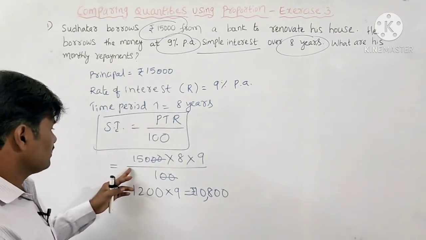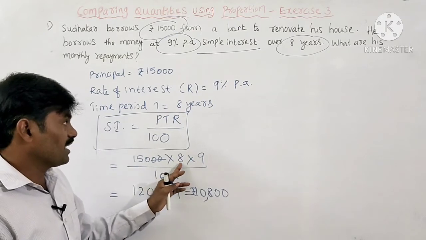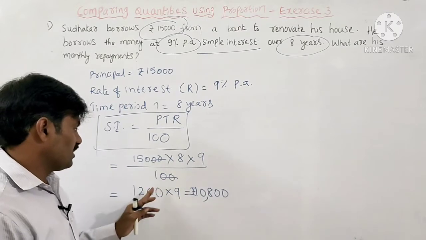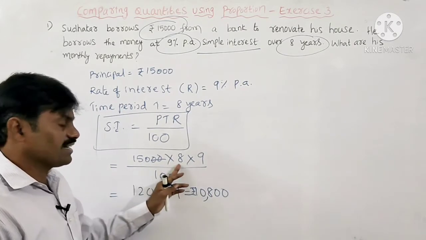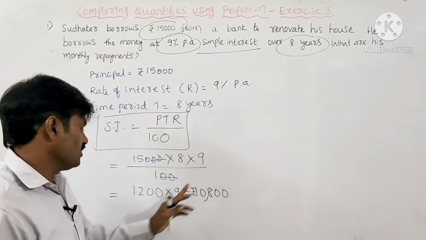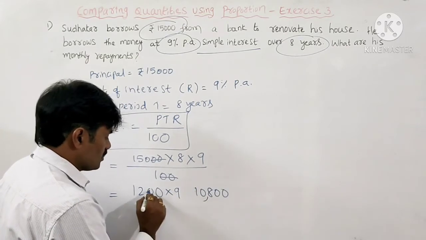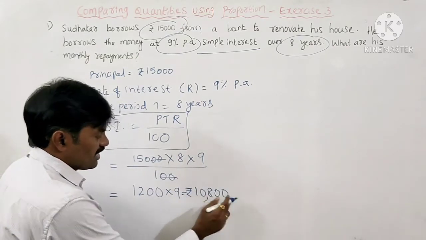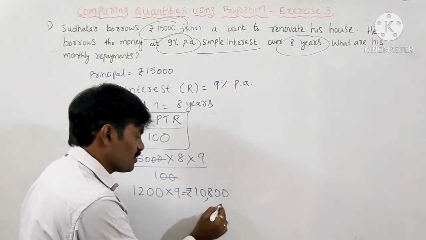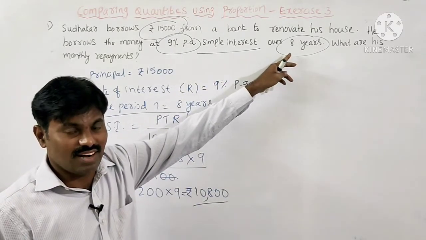How much is the interest here? PTR by 100, 15,000 into time period 8 years into 9 by 100. If you simplify, we get 15 8s are 120, one zero is remaining, into 9, 12 9s are 108, and 2 zeros are remaining, so 10,800 rupees is the interest for 8 years, not for 1 year.